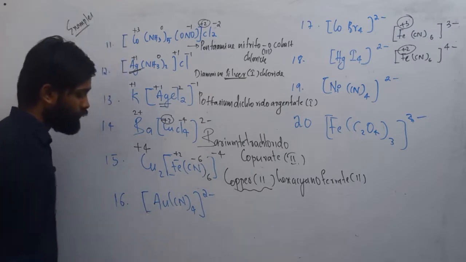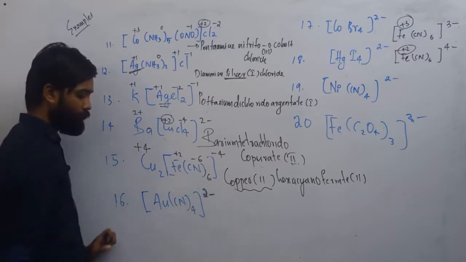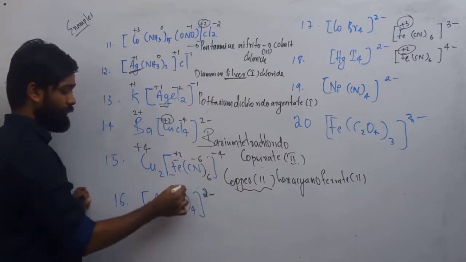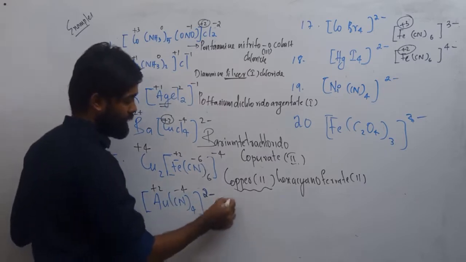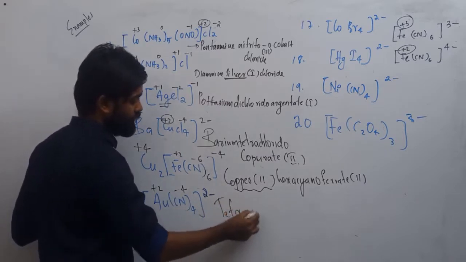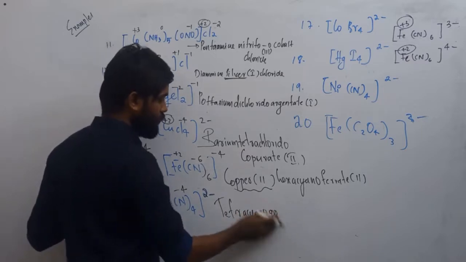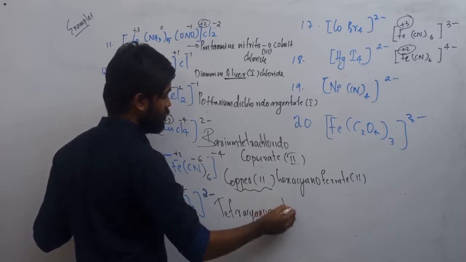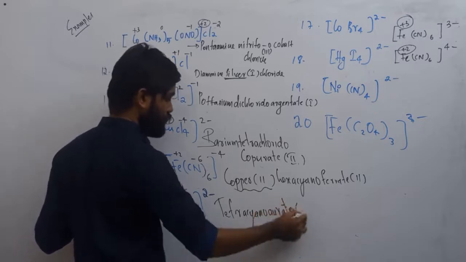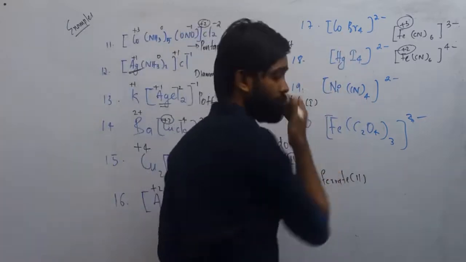The next belongs to gold, a molecule with gold. So whole charge is -2, cyanide has -4, so this should be +2. So tetracyano. It's not gold, it is aurate 2. And this one.